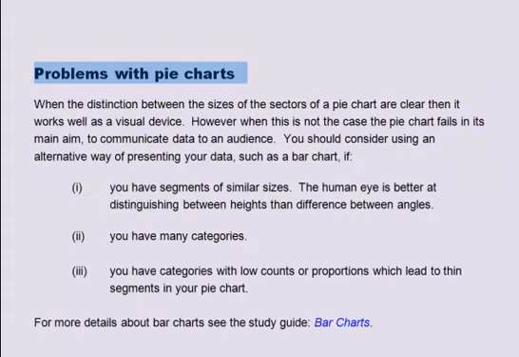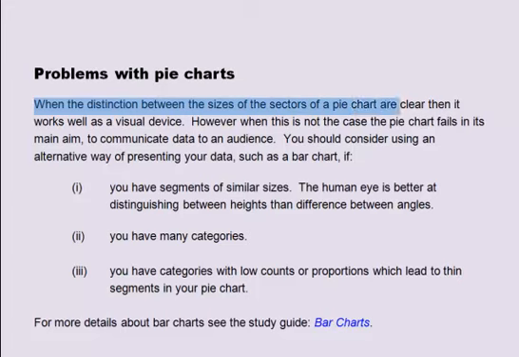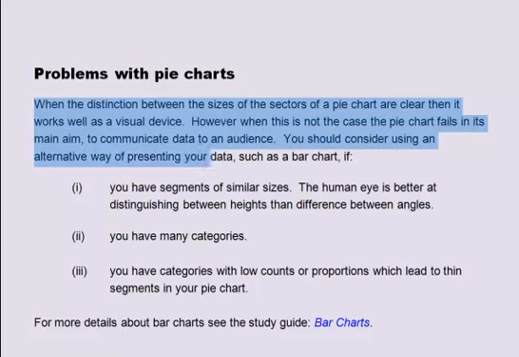Problems with pie charts. When the distinction between the sizes of the sectors of a pie chart are clear, then it works well as a visual device. However, when this is not the case, the pie chart fails in its main aim to communicate data to an audience. You should consider using an alternative way of presenting your data, such as a bar chart, if 1.